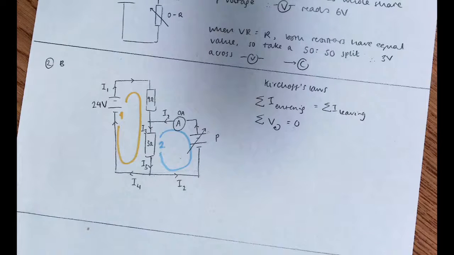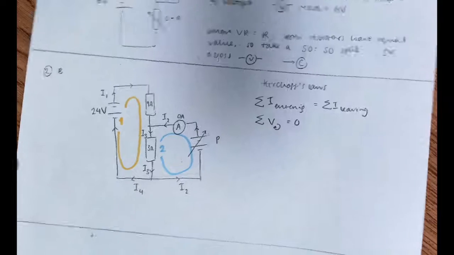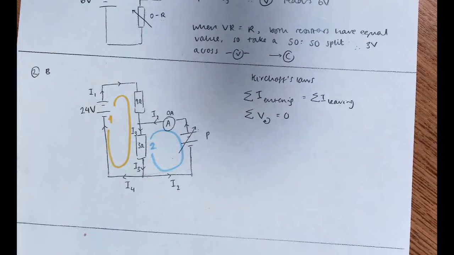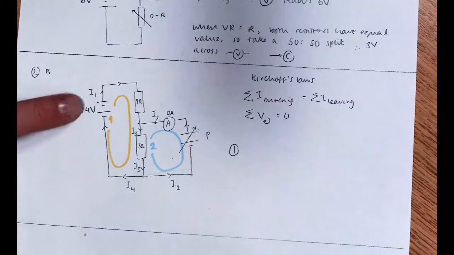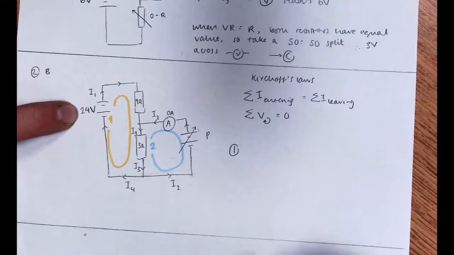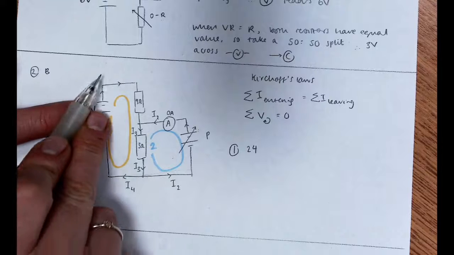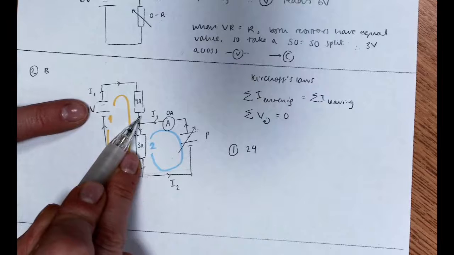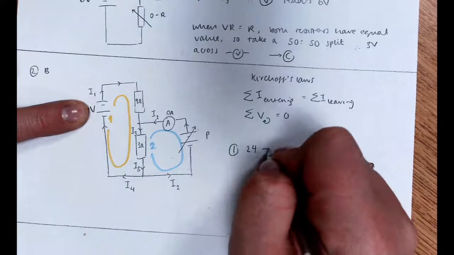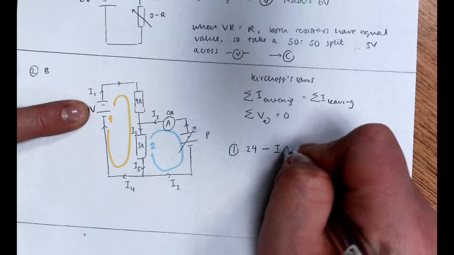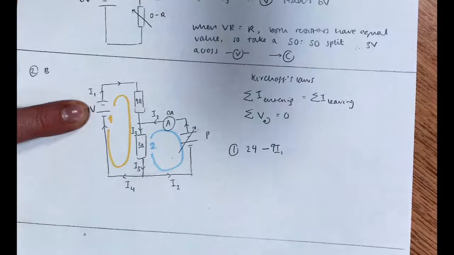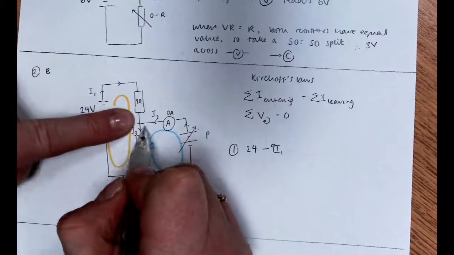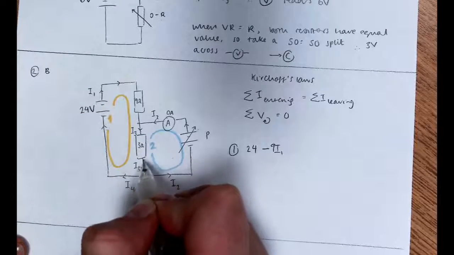Now we're going to write down things that we know according to the laws. We're going to start by saying if 24 volts is picked up at this point on the loop, it will then drop a voltage across this resistor, V equals IR, so it must lose I1 multiplied by 9 across this one, and it must also lose 3I3.